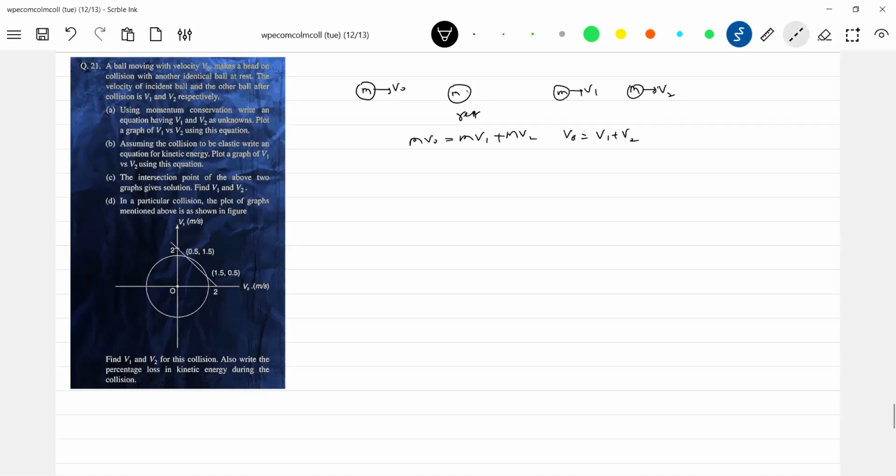Okay, let me plot a graph for v1 versus v2. So how will it be? This will be the expression for v1, this will be v2.